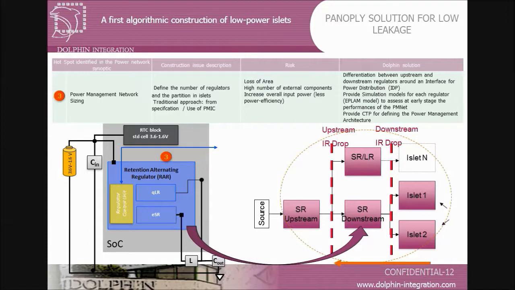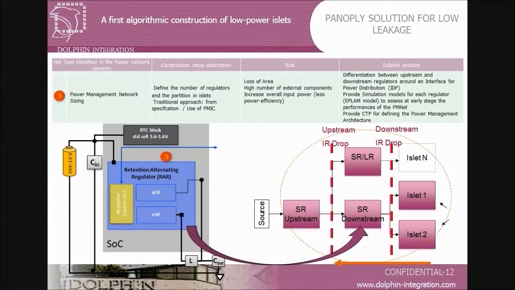The third construction issue I would like to focus on is the power management network sizing, so the complete power management network sizing. You need to define the number of regulators. The traditional approach is you start from a specification or you use a PMIC.